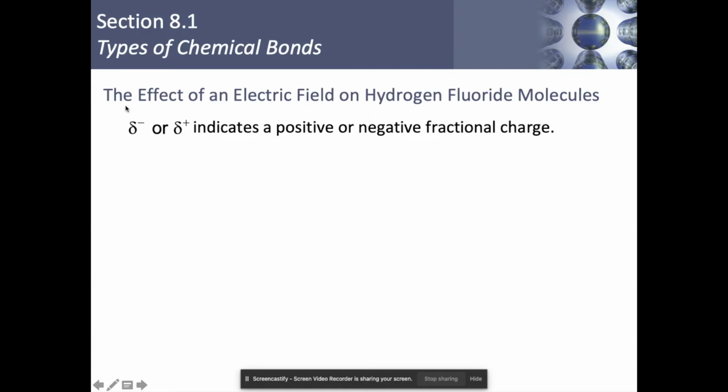So now, what about these partial positive and partial negative charges, and how exactly can we picture them? So partial positive and partial negative are exactly what I just said. It indicates a positive or negative fractional charge. So unlike a cation or an anion, which has a plus or a minus, or a +2 and a -2, these are very, very slight positive or very, very slight negative charges.